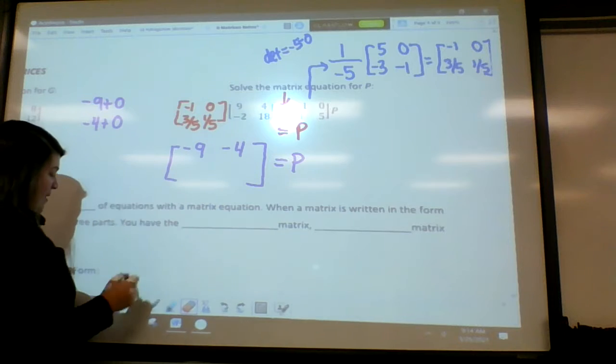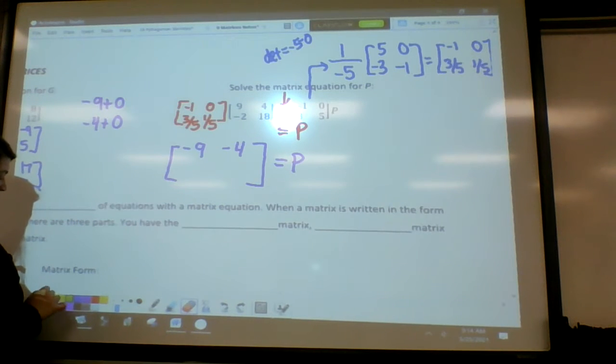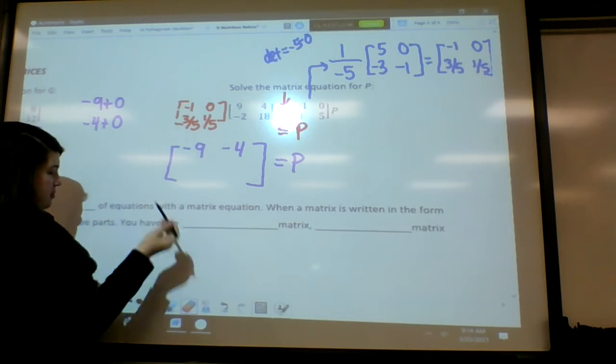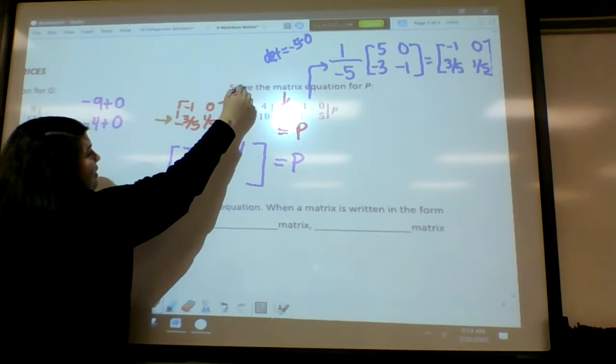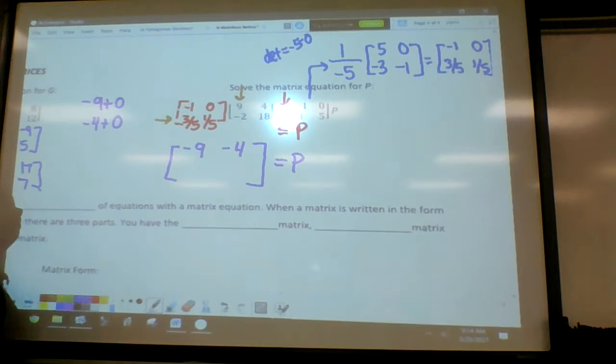All right, so now we are on the second row. And the first column. So 3/5 times 9. How do you multiply 3/5 times 9? Without using your calculators, right? No calculators on this? Using our brains. It's just a fraction.